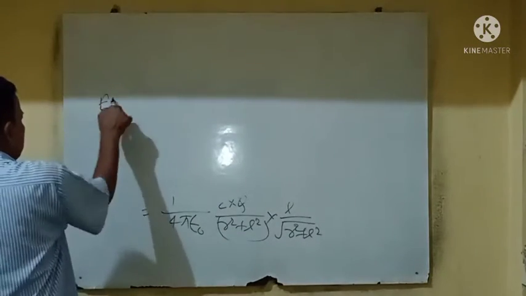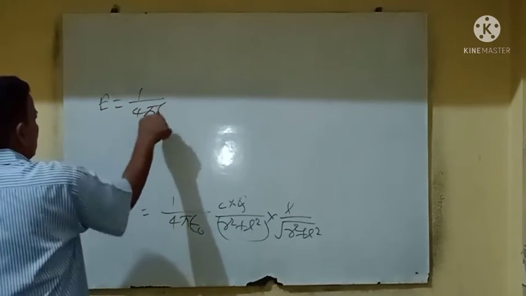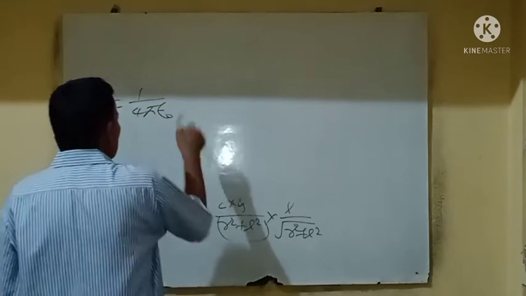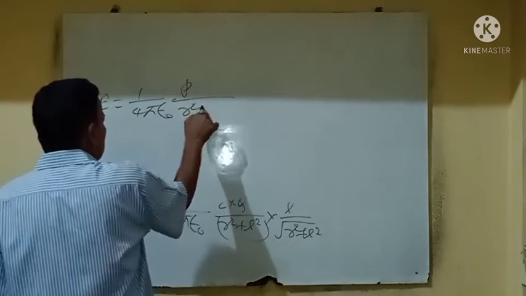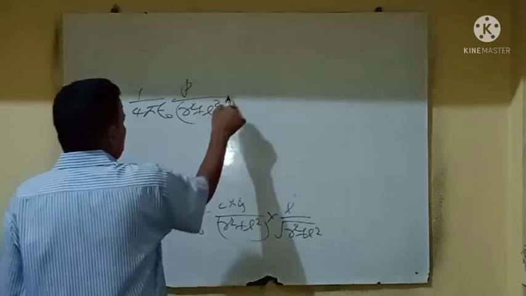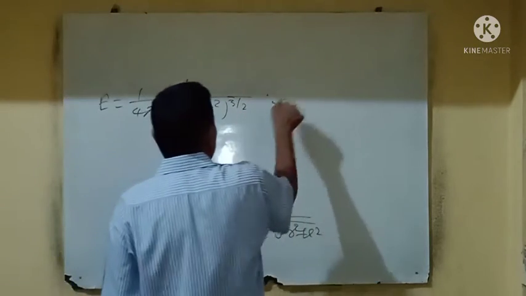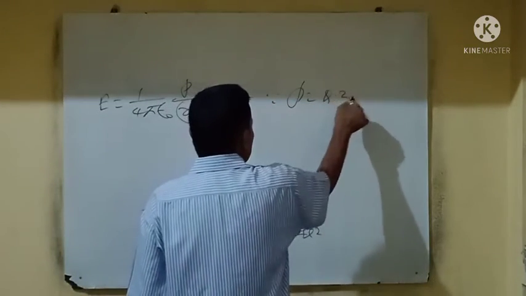So E equals 1 by 4 pi epsilon naught, 2q l divided by (r square plus l square) power 3 by 2. So E can be written as 1 by 4 pi epsilon naught, p by (r square plus l square) power 3 by 2, since p is equal to 2q l.